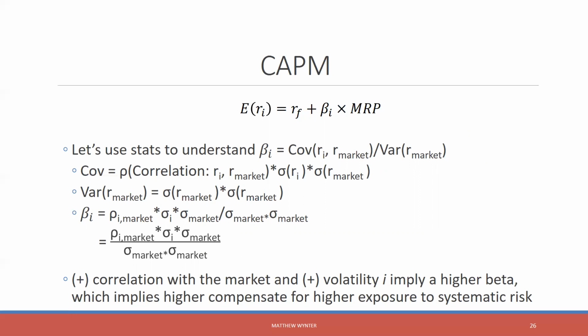Why are we talking that way? We're talking that way because I really hope that we understand what that correlation is telling us. If this asset co-moves a lot with the market, it's very risky. Why? Because under the CAPM, the market portfolio is the best portfolio that I can hold.